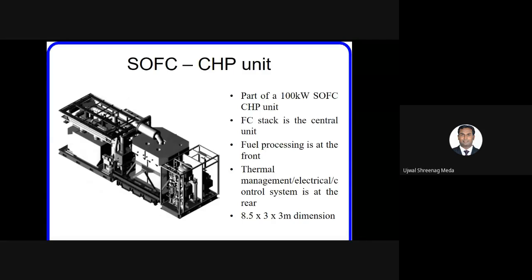The thermal management system is required. A typical dimension of such a unit will be somewhat like 9 by 3 by 3 or 8.5 by 3 by 3 meters. So this is how a typical SOFC CHP unit looks.